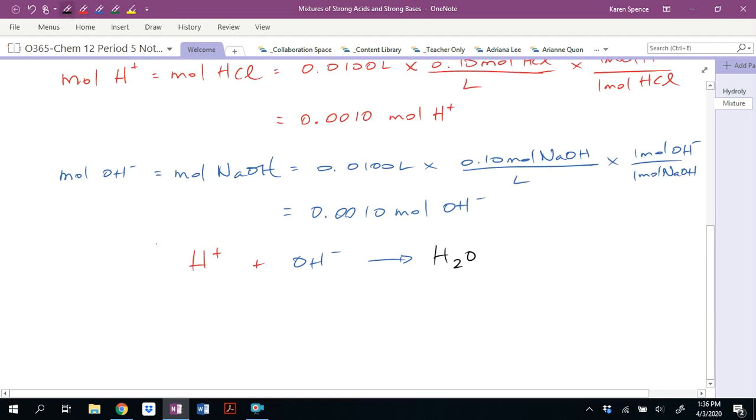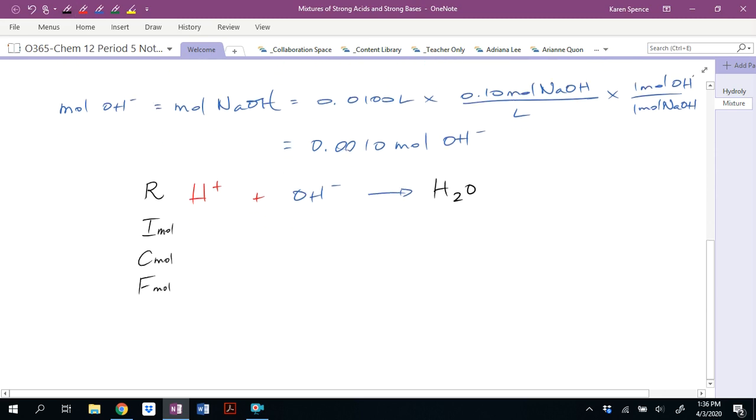It's going to be a RICuF table, because we have R, which is our reaction, the initial, and this is going to be moles, not molarity this time. And we're going to have the change in moles, and we're going to have the final moles. So it's a little bit different. It's not molarity, like a race table would be, and it's not an equilibrium amount because we don't have an equilibrium reaction here. We have a one-way arrow.